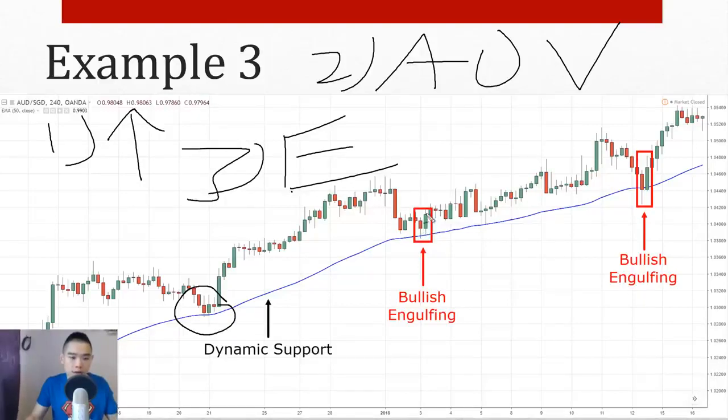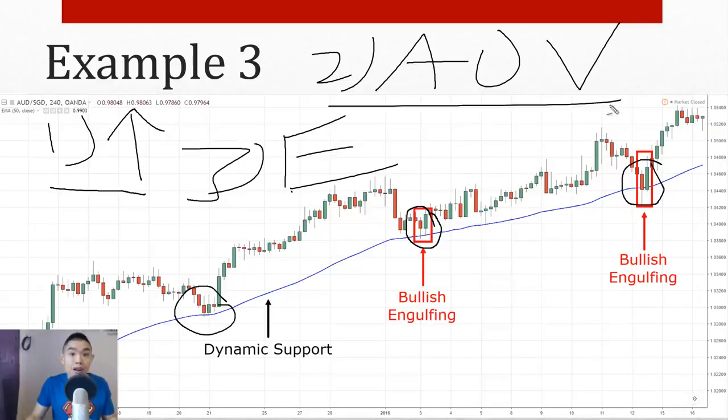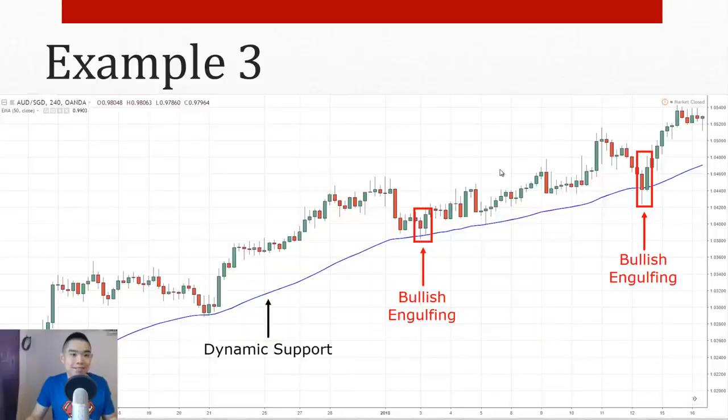Price closes higher, engulfing the first candle. Here as well, price opens and then closes higher above the first candle. Another bullish engulfing pattern. So this is a bullish reversal pattern that you can go long. And again, we're not going long just because we see a bullish reversal pattern. We go long because it's in an uptrend from an area of value.